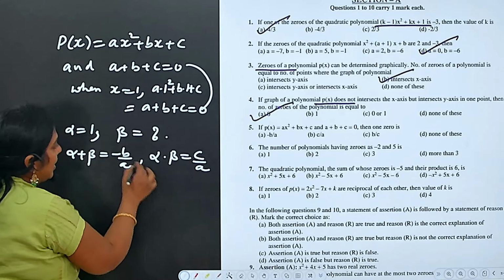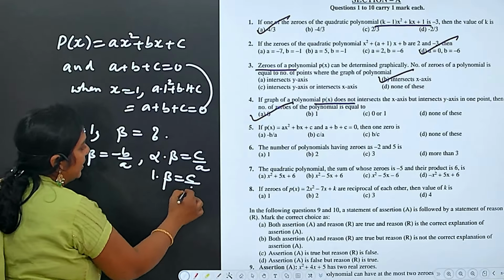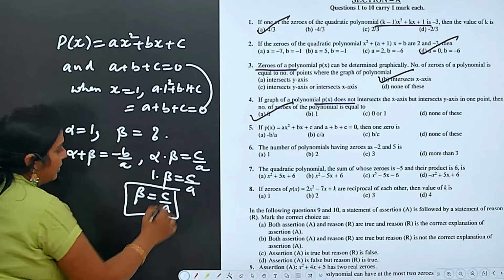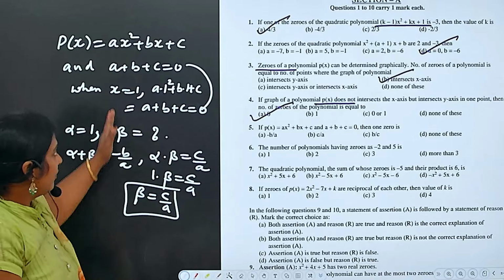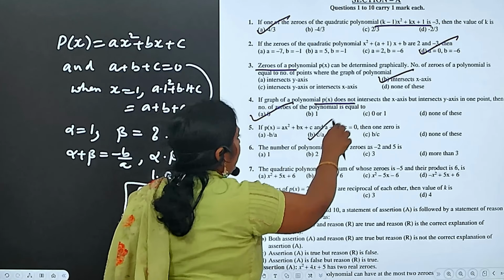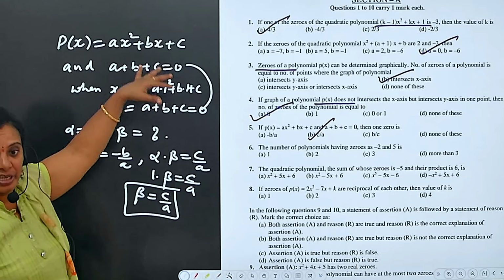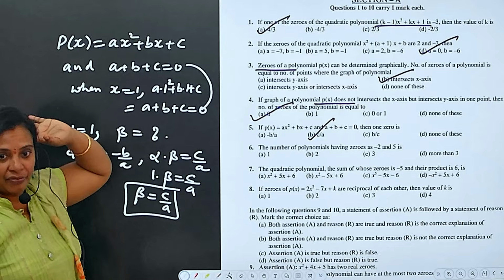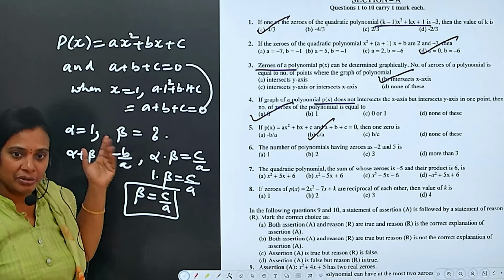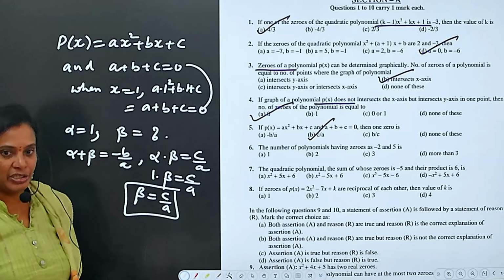In here 1 zero is 1, beta equal to c by a, so the zero of the given polynomial with that condition is c by a. Okay, if they didn't give a plus b plus c equal to 0, we cannot find out. X equal to 1 అనేది ఇండైరెక్ట్గా అక్కడ 1 zero అనేది ఇన్వాల్వ్ అయి ఉంది అన్నట్టు. They are asking another 1 zero.